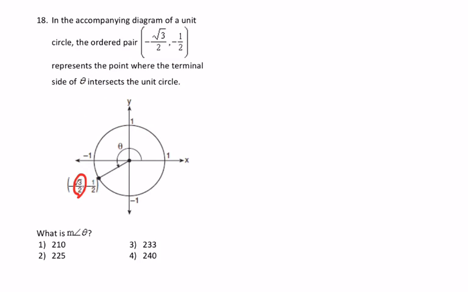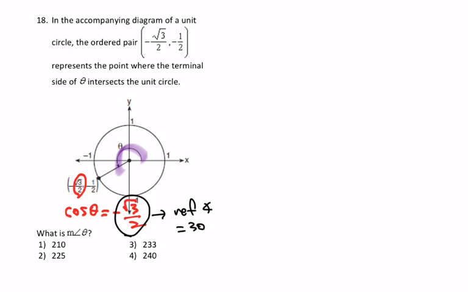Now, what is the measure of the angle theta? We see the clue from the unit circle and the values of x and y. Since the x that I have circled here is in fact equal to cosine, the cosine of the angle is equal to negative radical 3 over 2. Now, let's look at the reference angle, which is equal to 30.